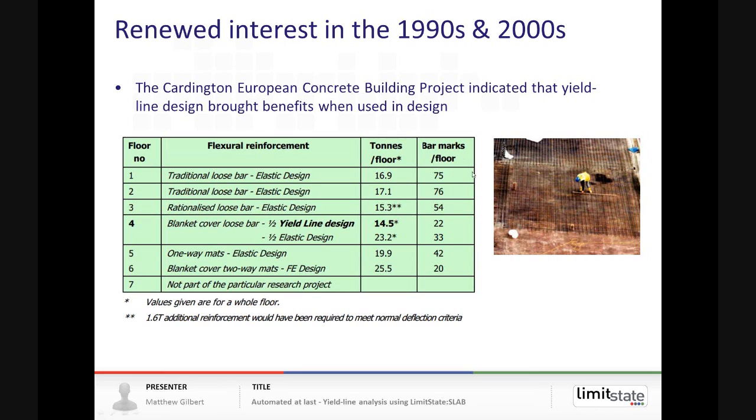And also, the second column indicates that we end up with relatively simple reinforcement layouts. We've actually got less bar marks than many of the other techniques. So low steel tonnage, simpler layouts equate to very economical design solution.